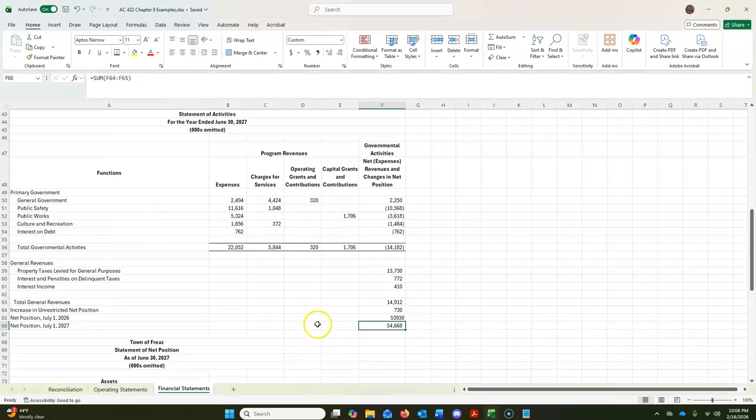And that is the statement of activities, showing the program revenues and expenses and the governmental activities.